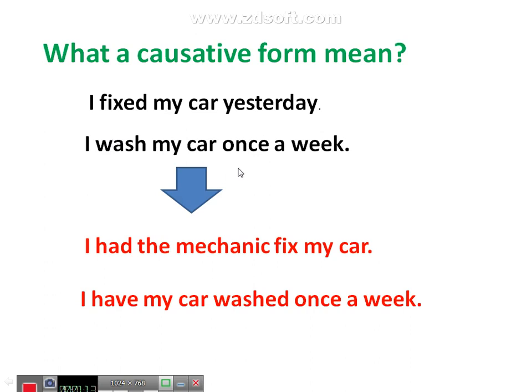I wash my car by myself, without asking any person to help me. While in these sentences, I had the mechanic fix my car, here I arranged with the mechanic, I asked the mechanic to fix my car. I have my car washed once a week means that I asked another person to wash my car once a week.